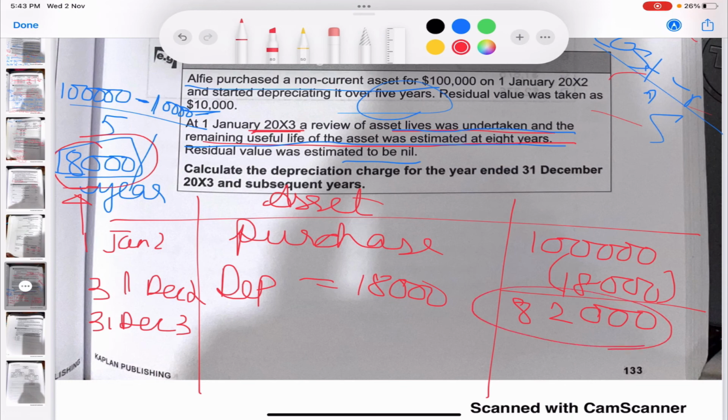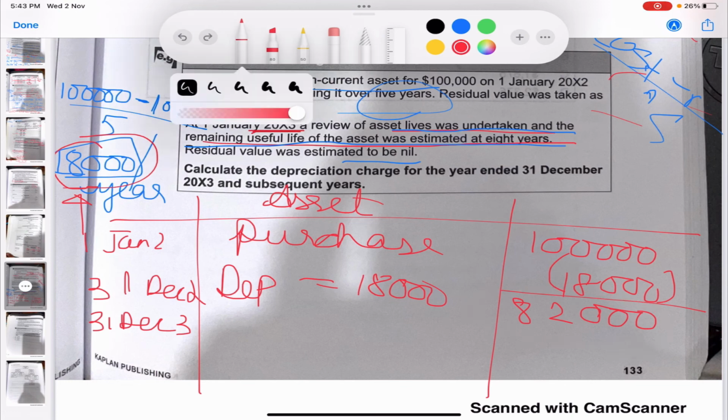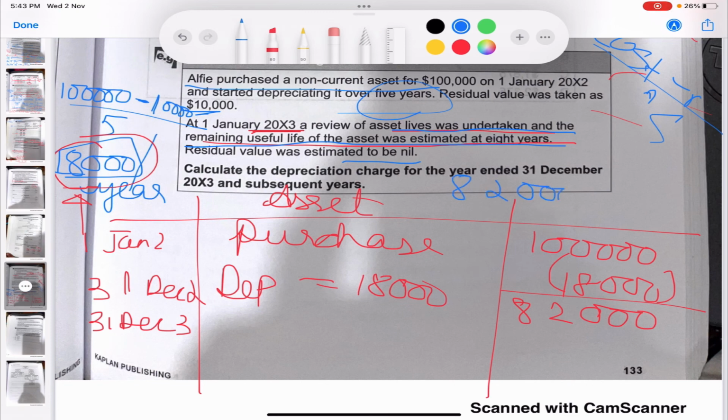The new cost would be 82,000, the carrying amount. So 82,000 minus the estimated value, which is nil, divided by the useful life of 8. This is the new depreciation: 82,000 minus 0 divided by 8, which is 10,250.